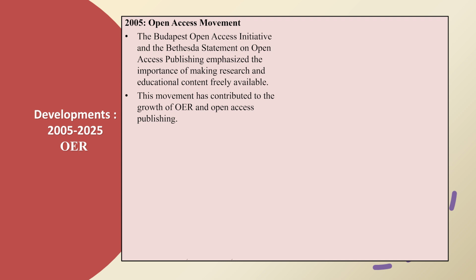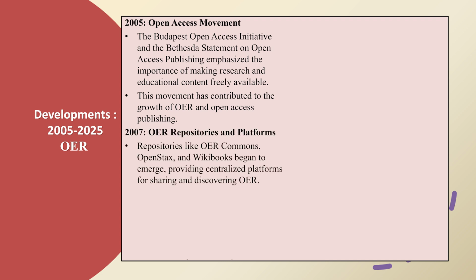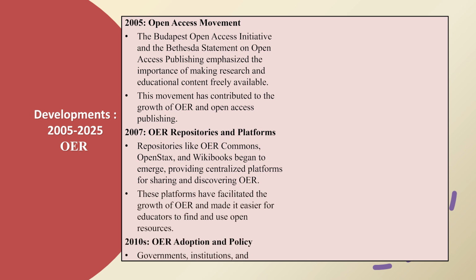This movement has contributed to the growth of materials and open access publishing. Then OER repositories and platforms: repositories like OER Commons, OpenStax, and Wikibooks began to emerge, providing centralized platforms for sharing and discovering OER. These platforms have facilitated the growth of OER and made it easier for educators to find open resources.